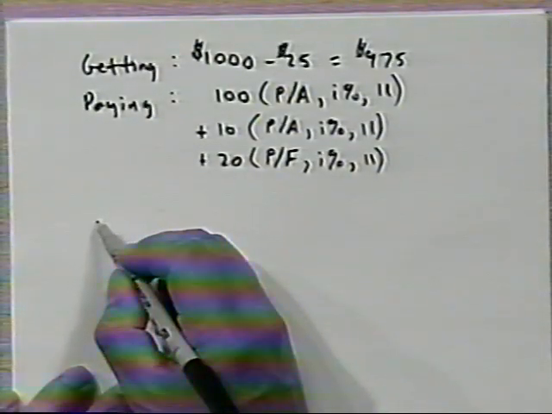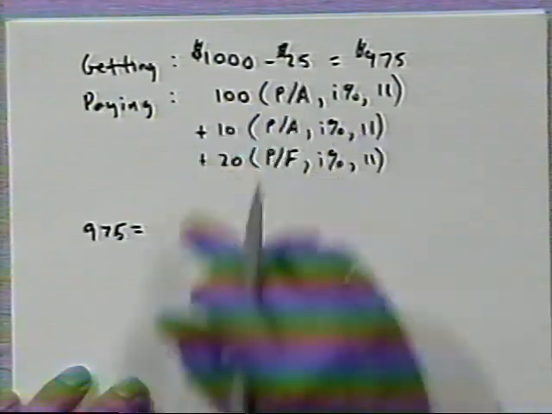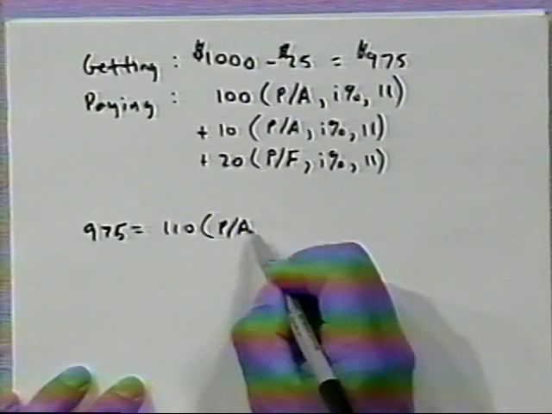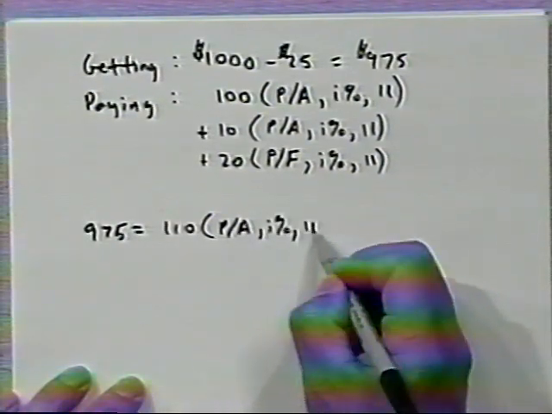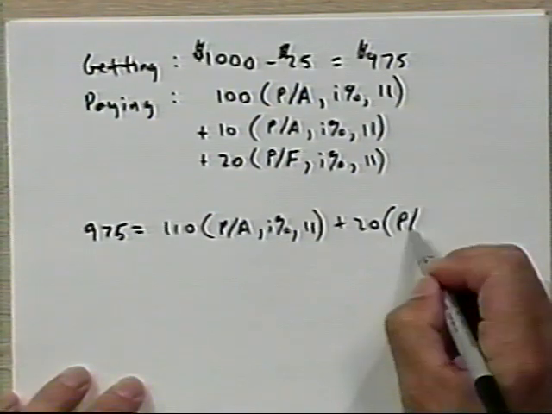So in order to calculate this unknown interest, we want to equate these two and solve for the unknown I. So the expression is 975 is equal to, now we can add this $100 and $10 together, so 110, plus that future worth amount.